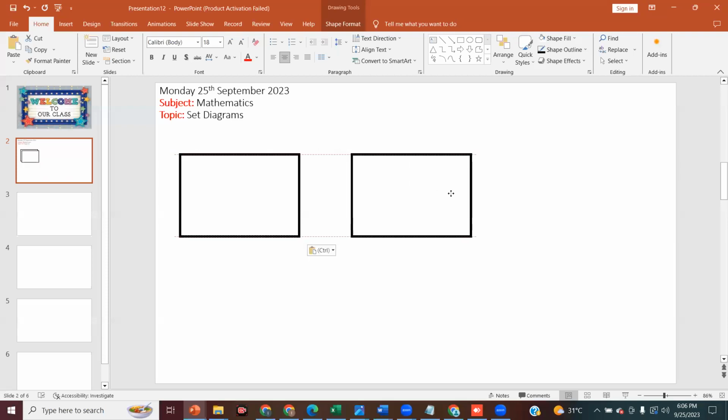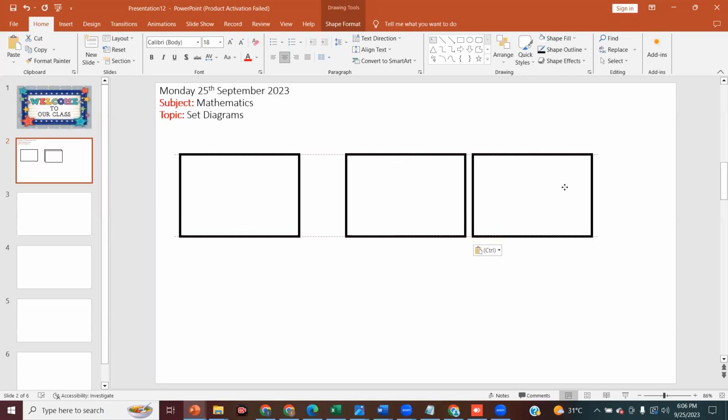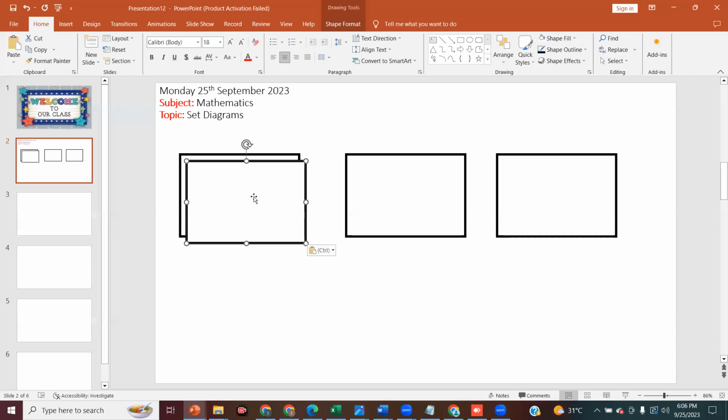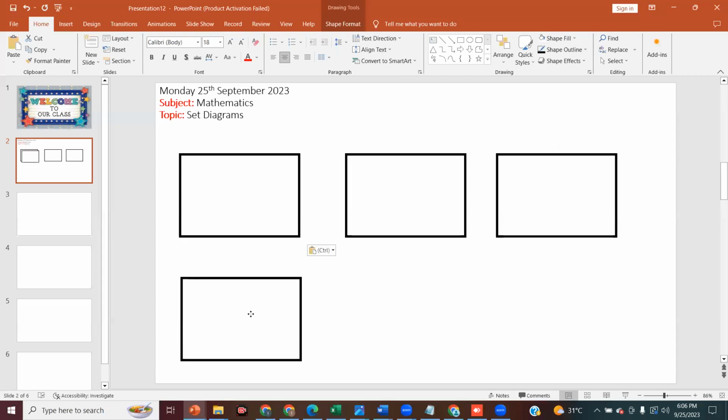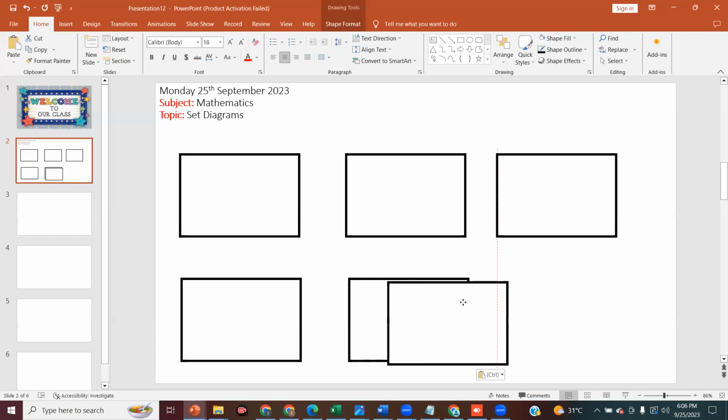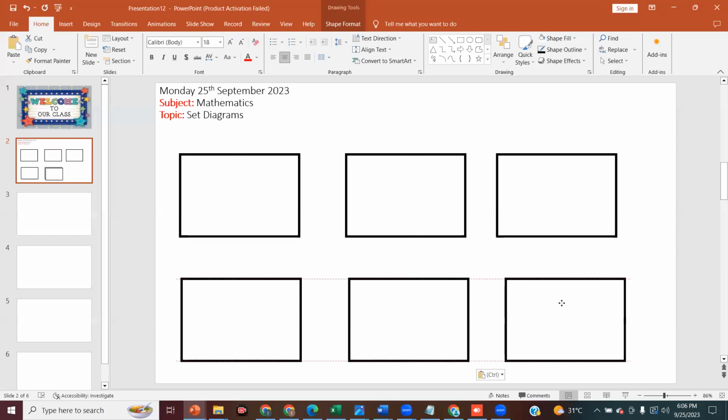This one is going to be diagram 2. Then diagram 3. And then this one is going to be for diagram 4. This one is diagram 5. This one is diagram 6.